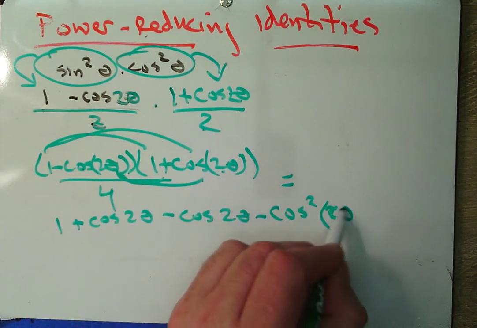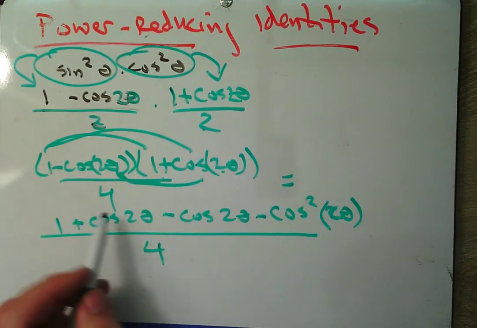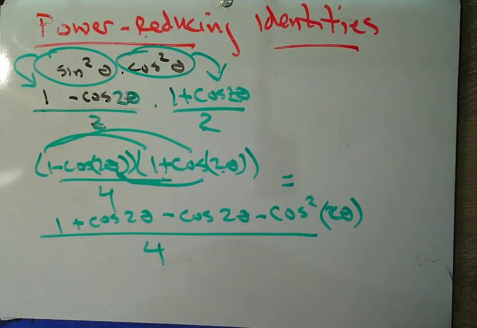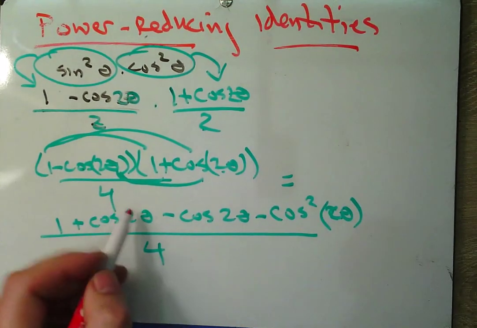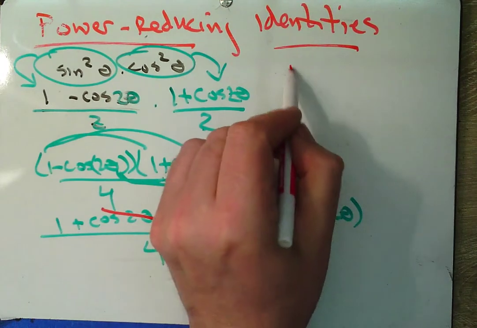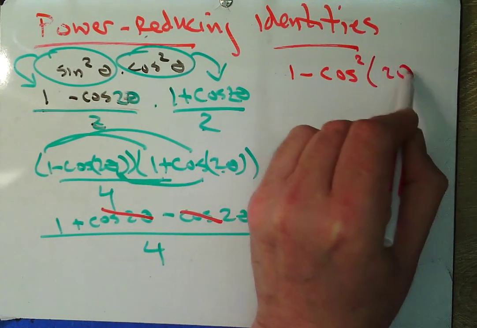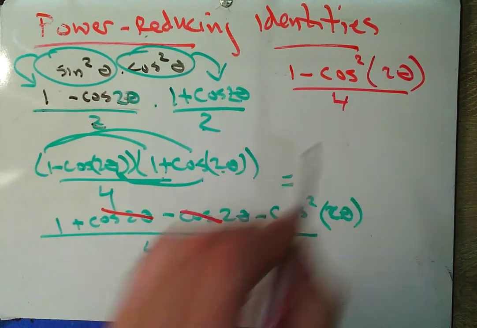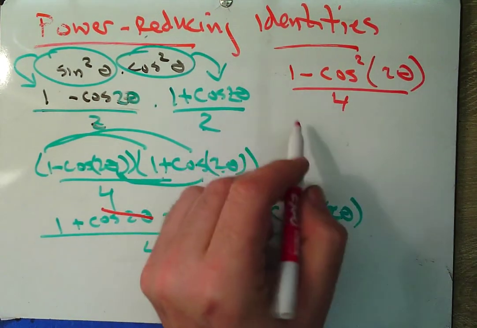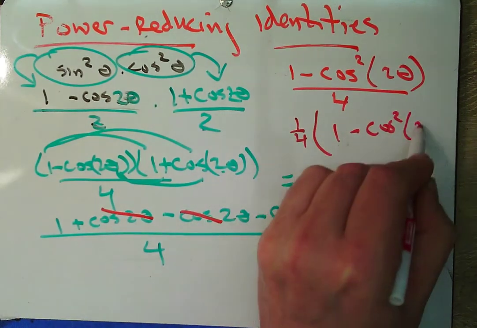Well, note what happens with these middle terms. They cancel. And so now we've got 1 minus cosine squared 2 theta over 4. And you can pull that 4 out in front and have 1 minus cosine squared 2 theta.